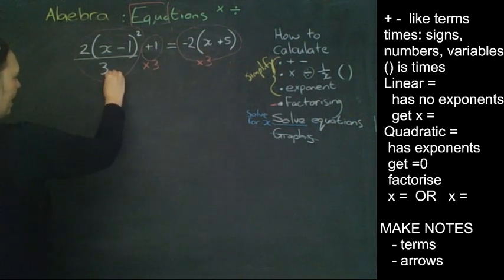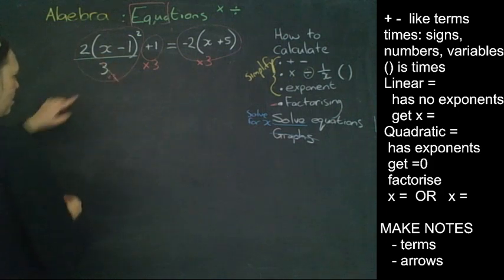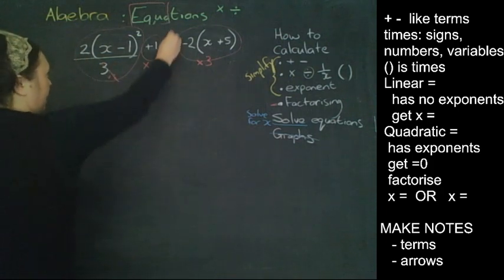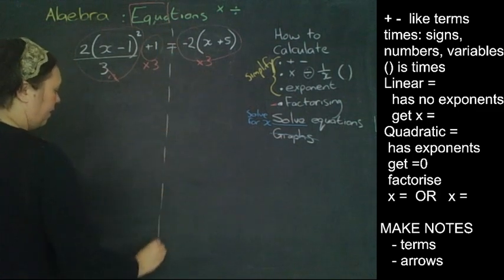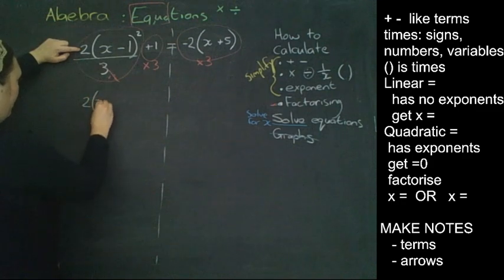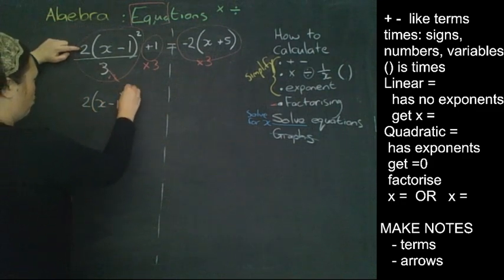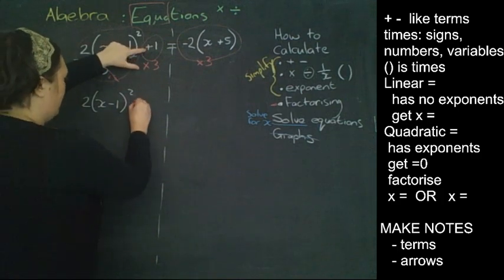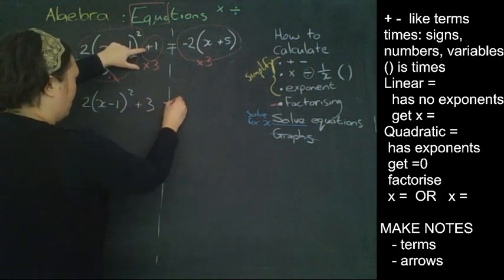If we multiply this by 3, it just means this one's gone. So what do we have left? We've got 2x minus 1 squared. Here we've got 1 times 3, so plus 3.